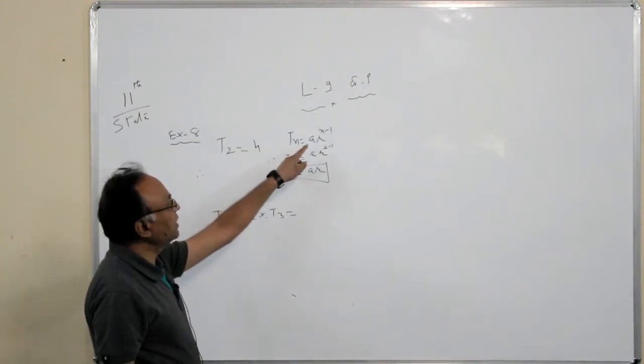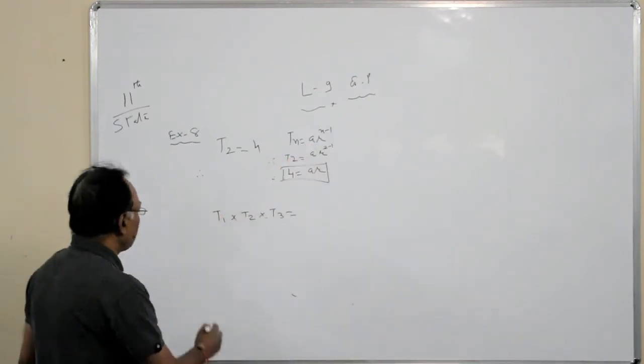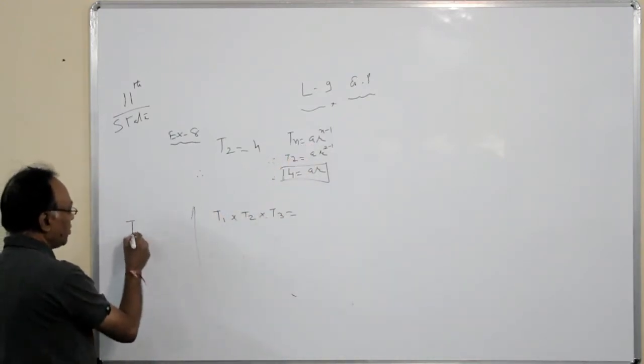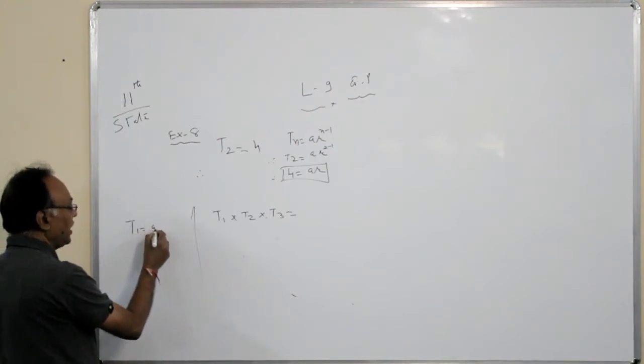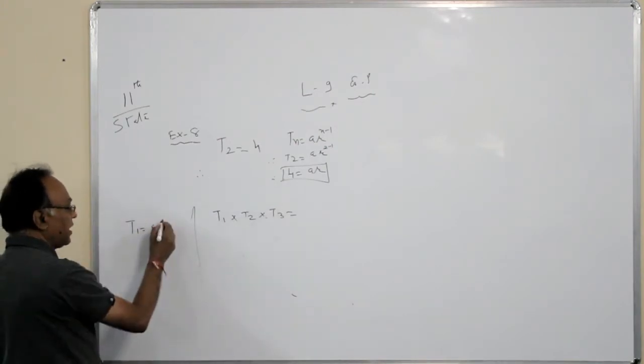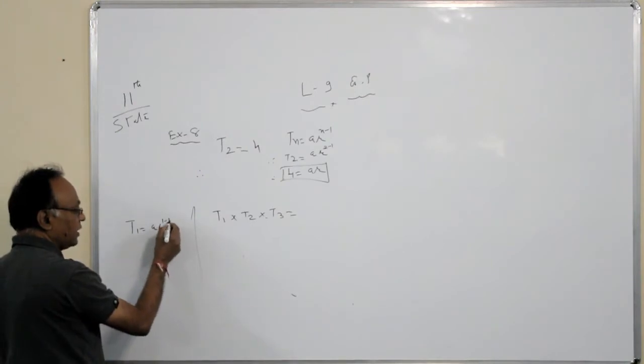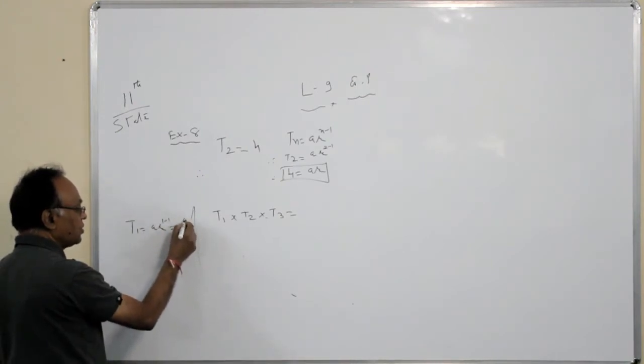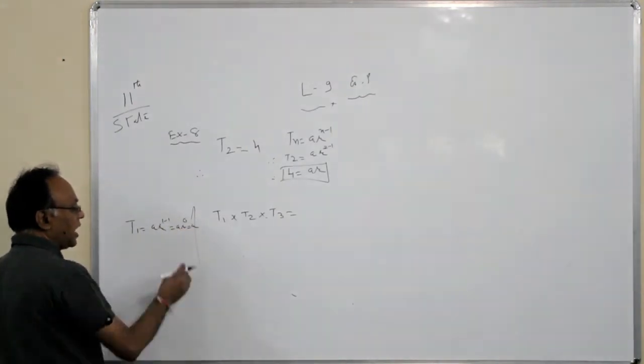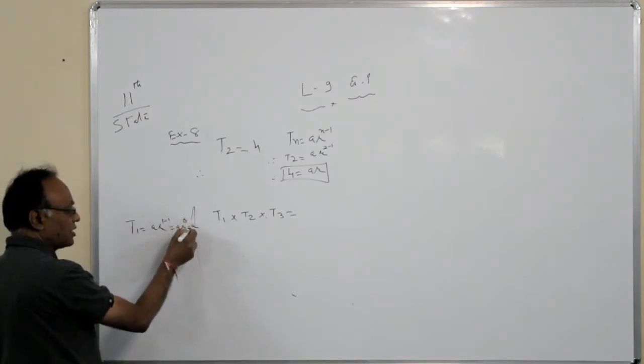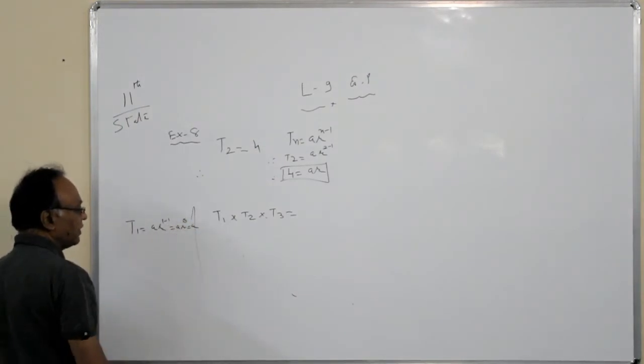T1 is equal to AR raised to 1 minus 1, so it is AR raised to 0, meaning A. R raised to 0 power is 1, therefore A into 1 is A.